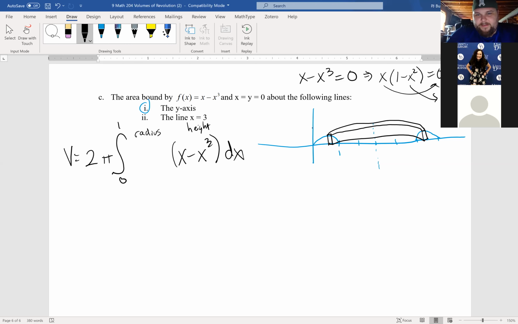Well, we define this distance as x, but my radius is from my axis of rotation out to the slice. This distance here we know to be 3. So how would you define r? Three minus x. Right.